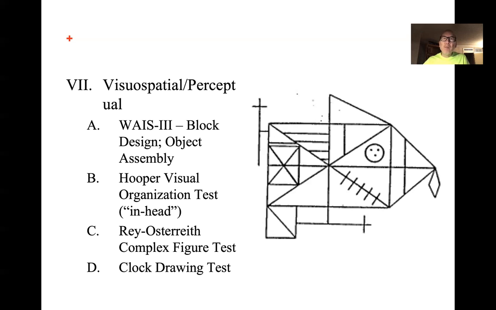Yeah. So from the WAIS, again, should be four. Block design, object assembly, right? That puzzle task is very good for measuring visual spatial abilities.